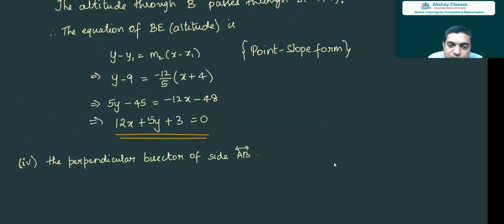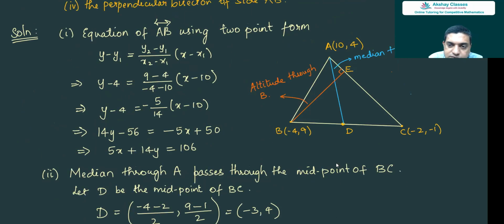What is a perpendicular bisector? It is perpendicular to AB and bisects AB.